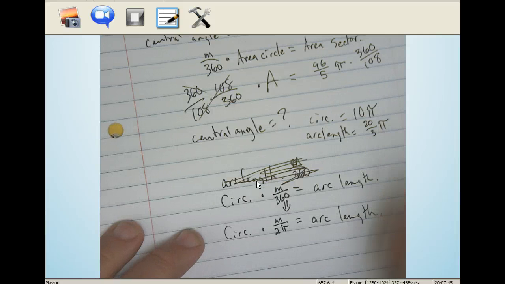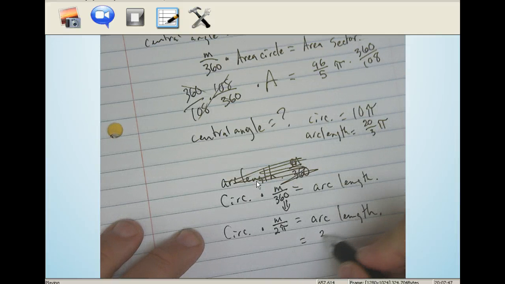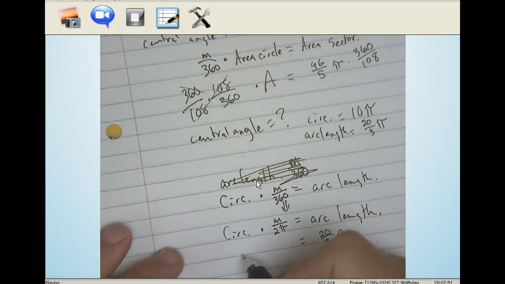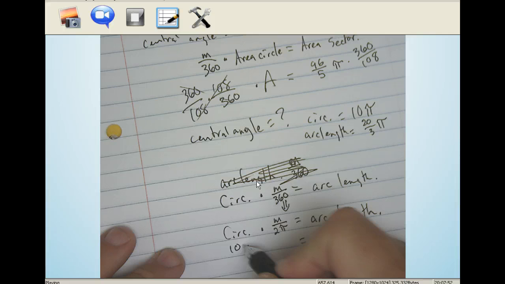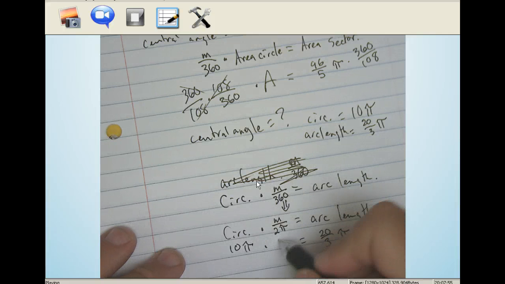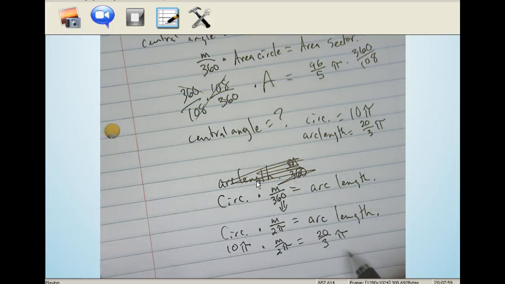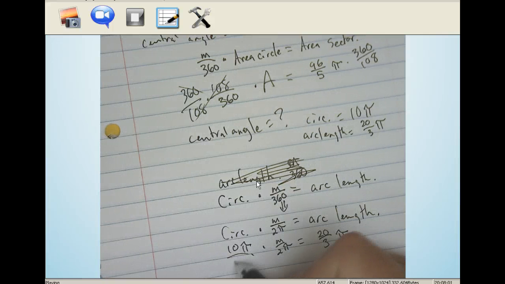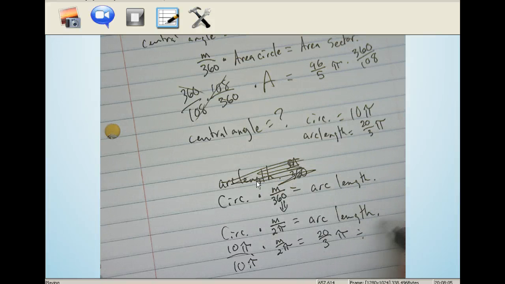In this case, my arc length is 20 over 3 pi. My circumference is 10 pi times m over 2 pi. So now we can just solve. First thing I would do is divide by 10 pi.